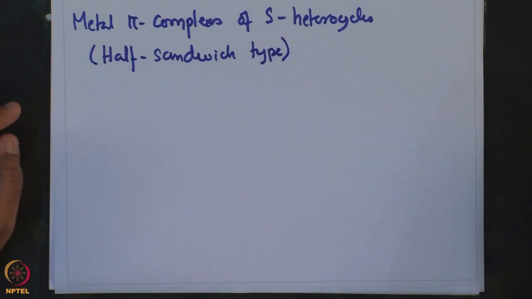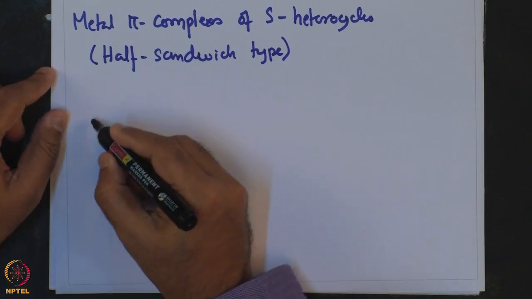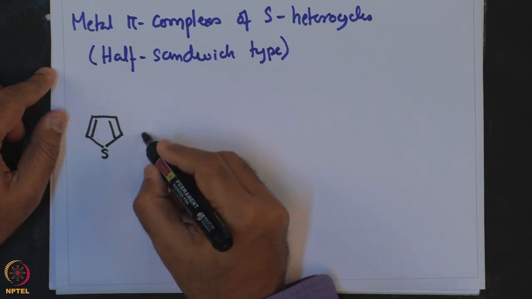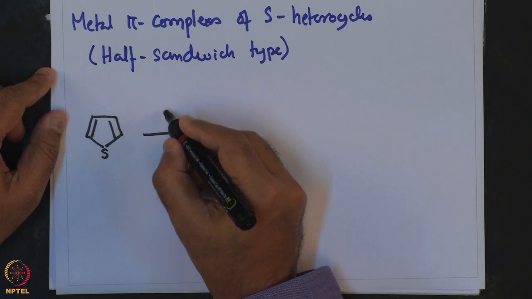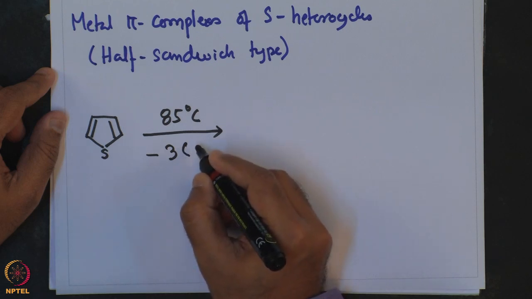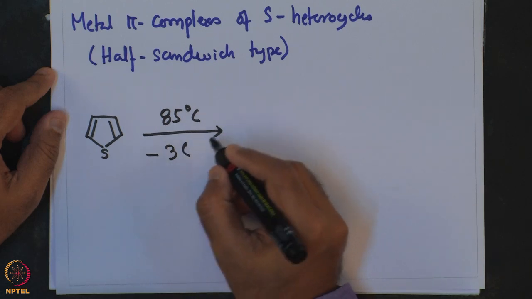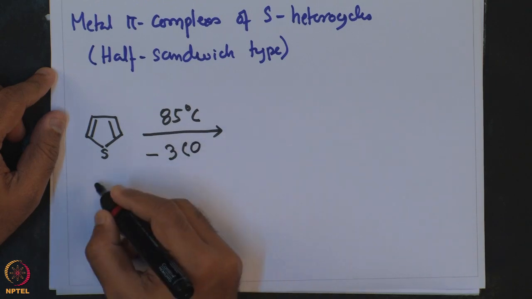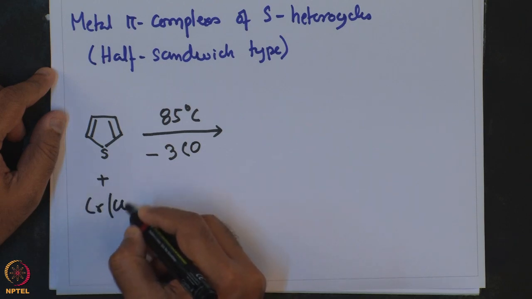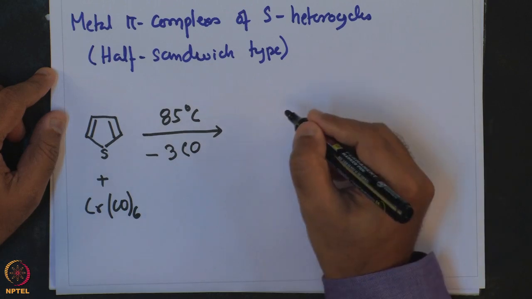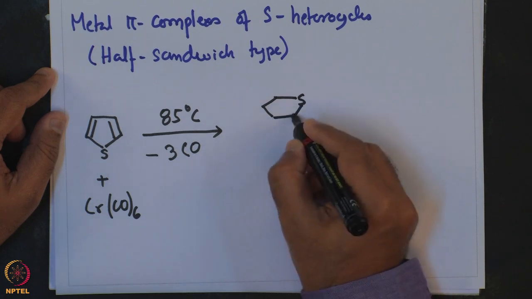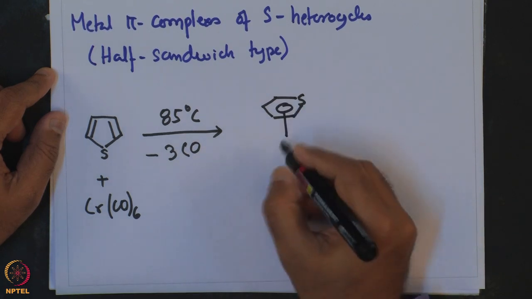The reaction involves thiophene at 85 degrees centigrade, minus 3 CO, and this reacts with chromium hexacarbonyl, giving the thiophene half sandwich complex of chromium.